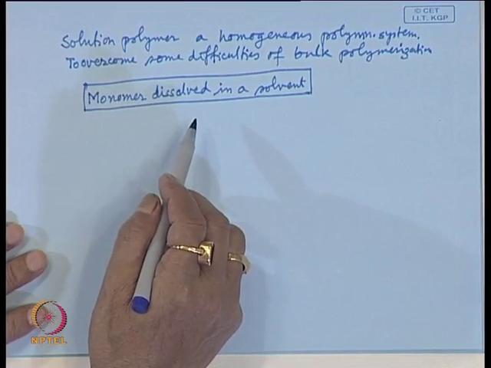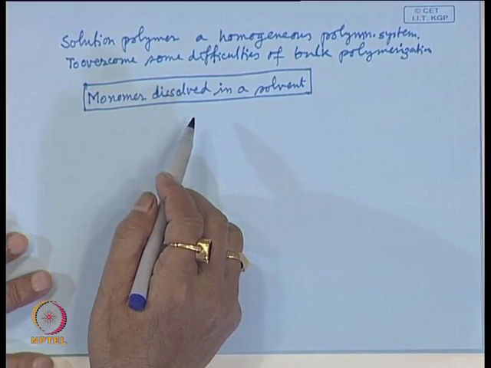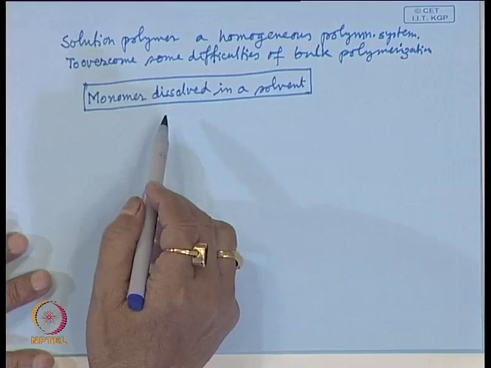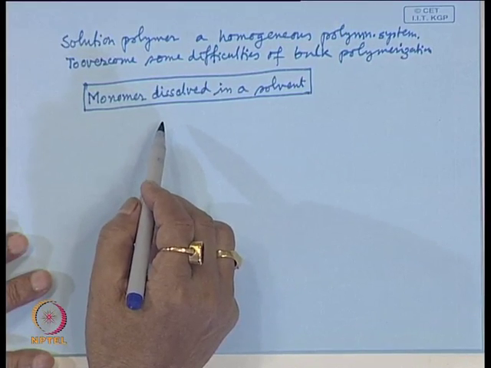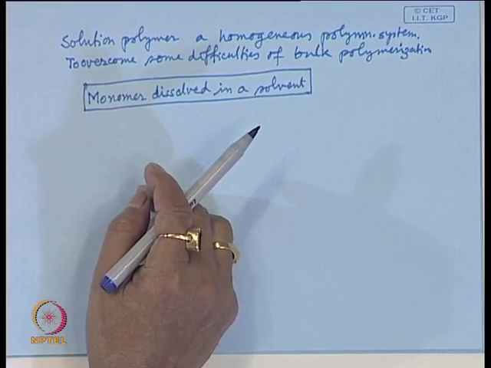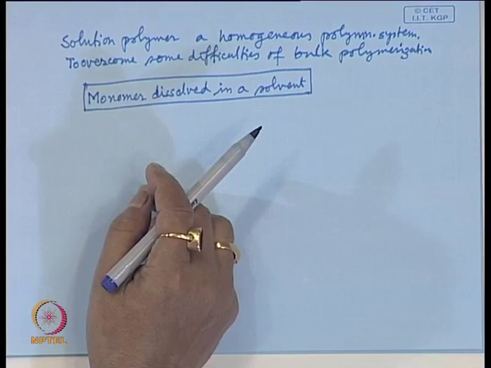Again here also the considerations of condensation principles and addition principles come into play. In case of condensation polymerization, normally this solution polymerization technique is not followed, because condensation polymerization needs higher temperature, because their melting points are higher than those of addition chain polymerizations.